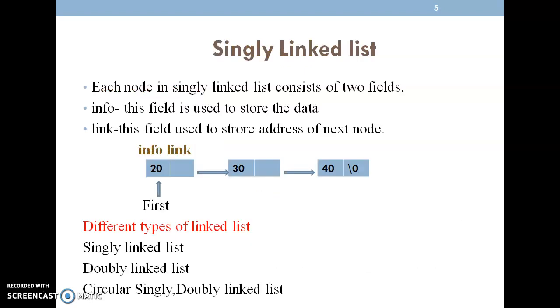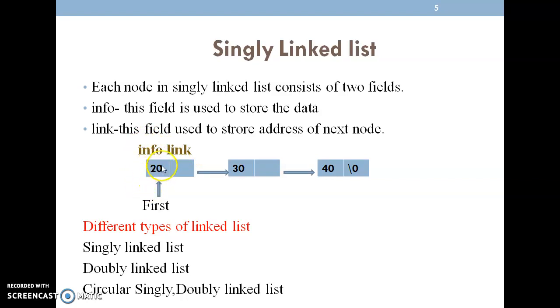Here is an example for singly linked list. Each node in the linked list contains two fields. The first field is an information field, the second field is a link field. The information field is the one where I am going to insert the element.